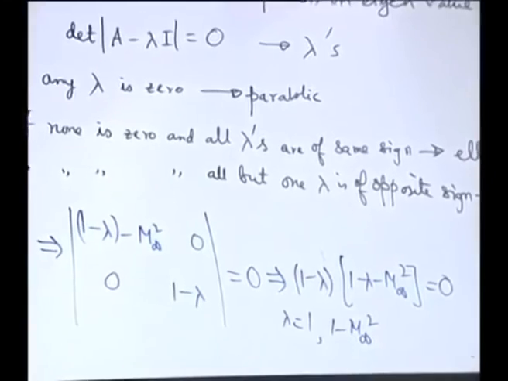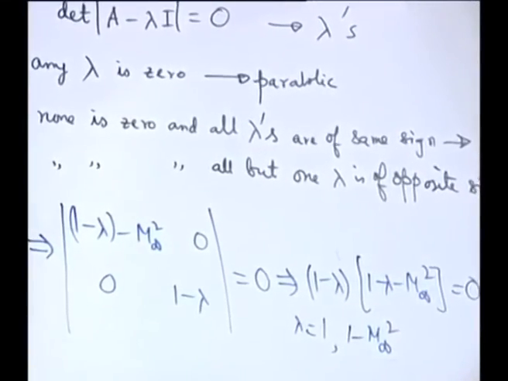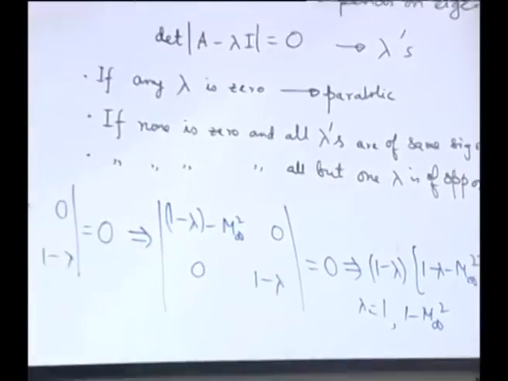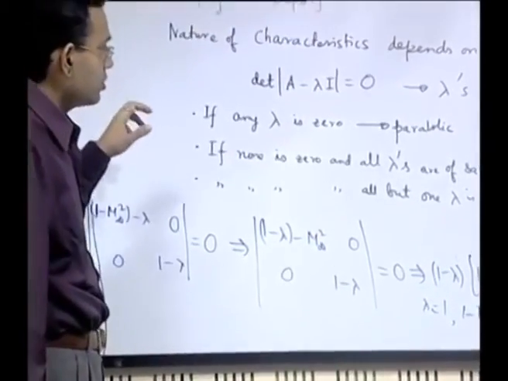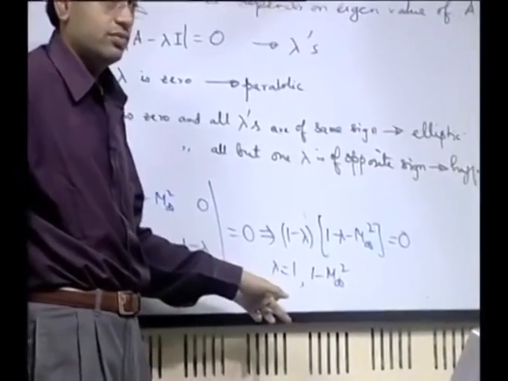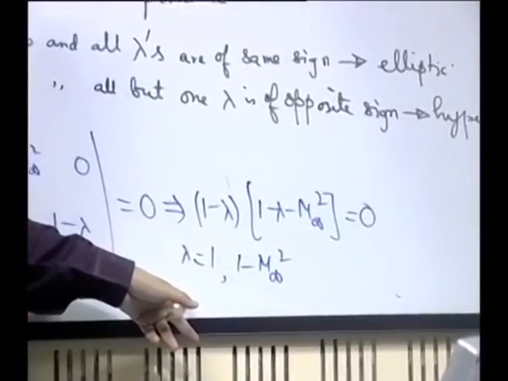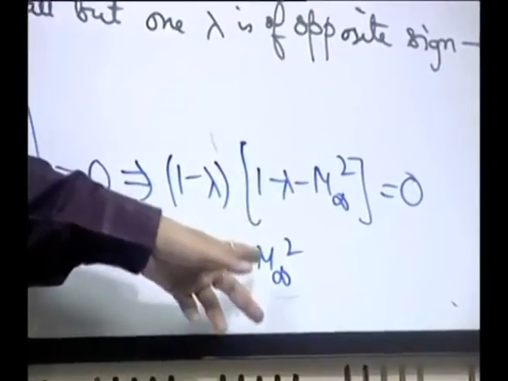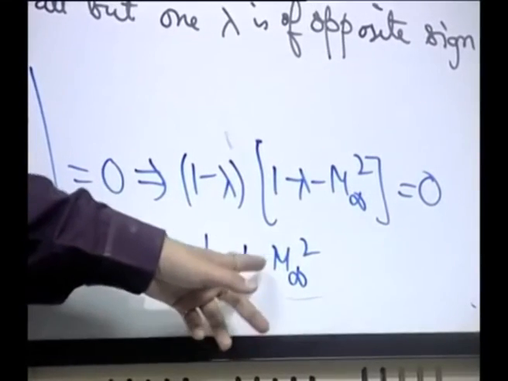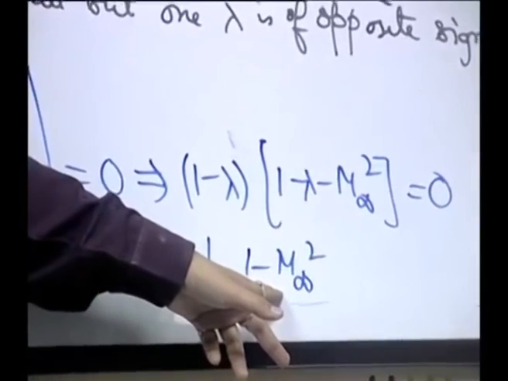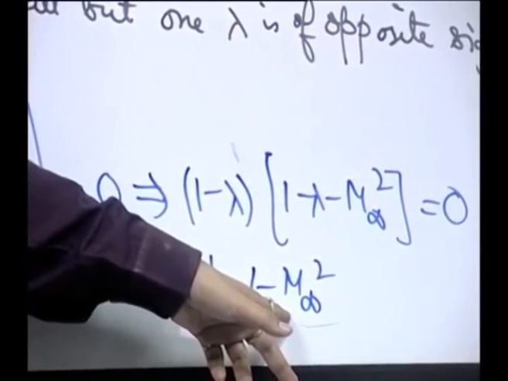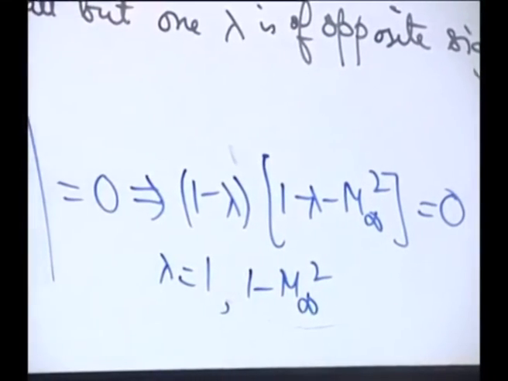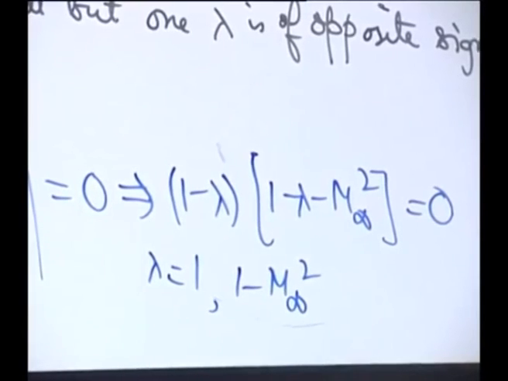Now let us find the nature of this equation. Here no eigenvalue is 0, but one of the eigenvalues can be 0 if M infinity is equal to 1. One eigenvalue equal to 0 means it becomes parabolic.